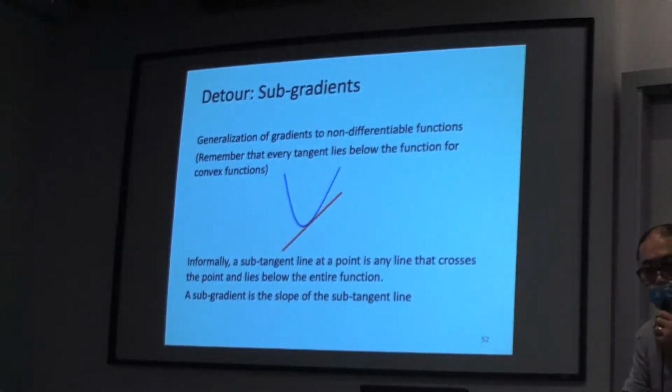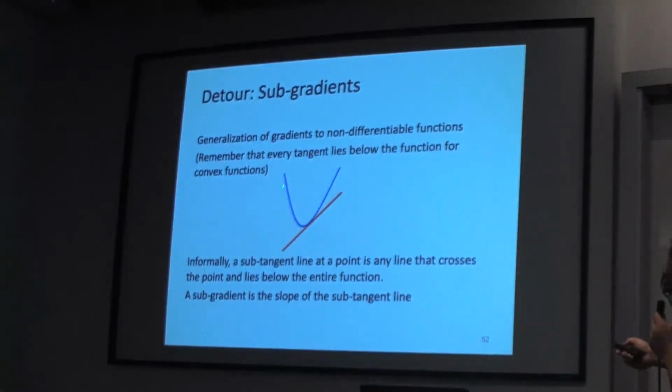That's the nice property of convex functions. The slope of this tangent line is called the gradient of the convex function. Then what if this convex function is non-differentiable? It is discontinuous and does not have any gradient. But imagine we can still draw a line passing through some point.